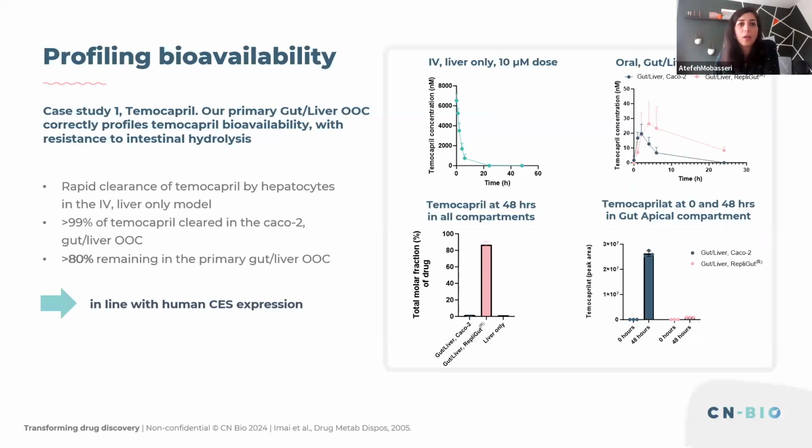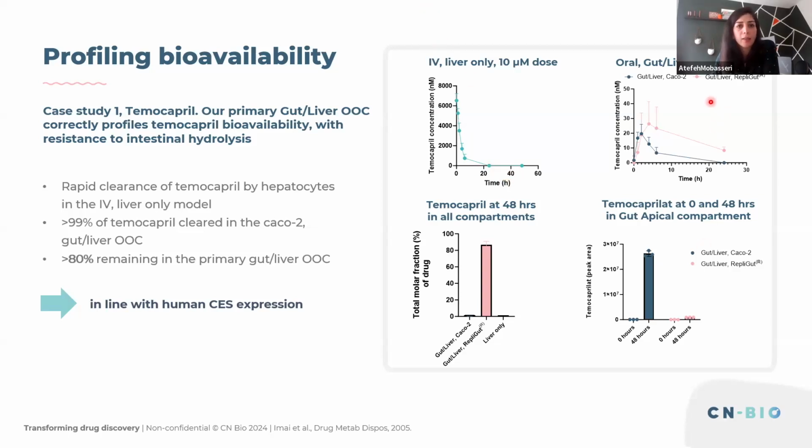We tested this drug in our gut liver model, and we looked at different administration routes, IV and oral. For the IV, it's liver only. When we add this, as we expected, we have rapid clearance of the drug in the liver after 24 hours of IV dosing.